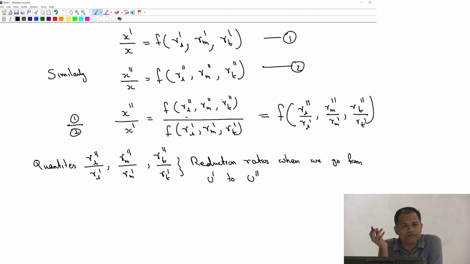For example, if I am talking about force, the double prime part I have calculated in some units, let's say mass into acceleration, done as kilograms times meter per second square, and the one in the denominator I'll do in CGS units, grams into centimeter per second square.